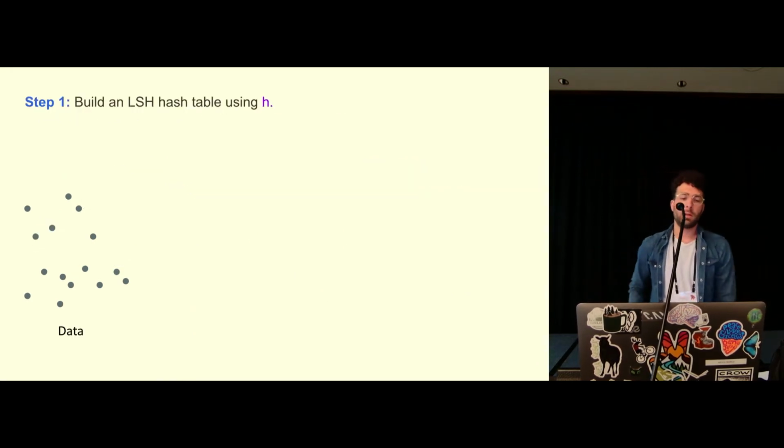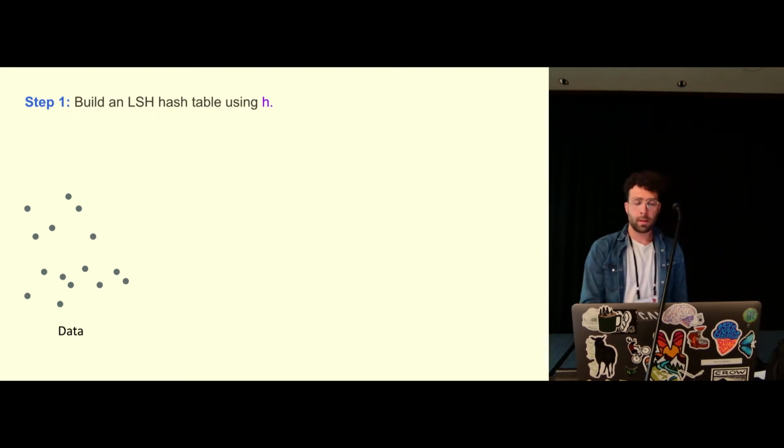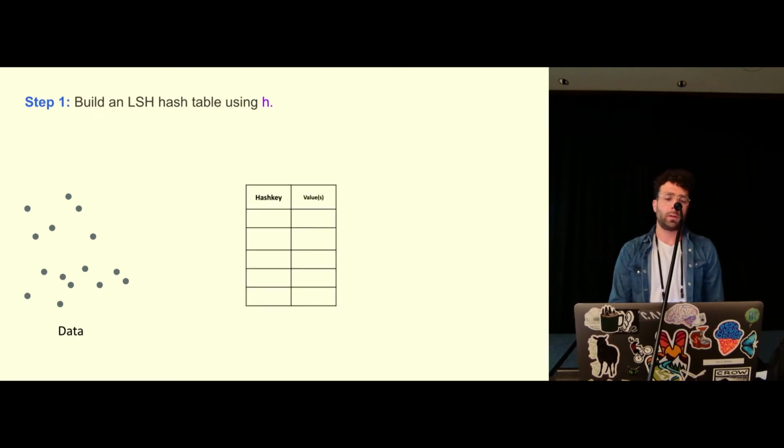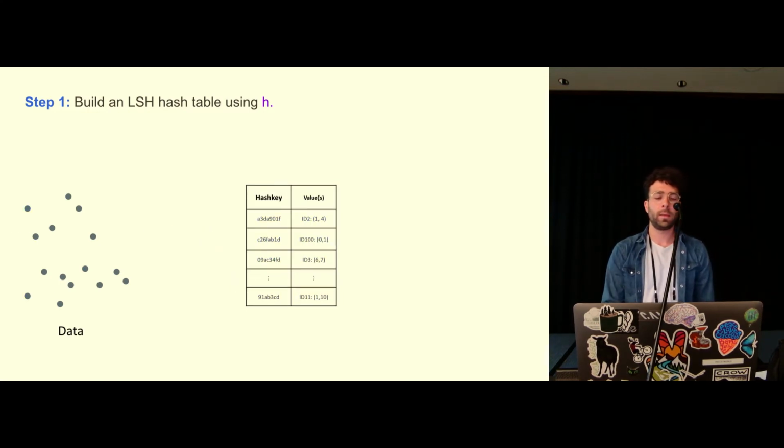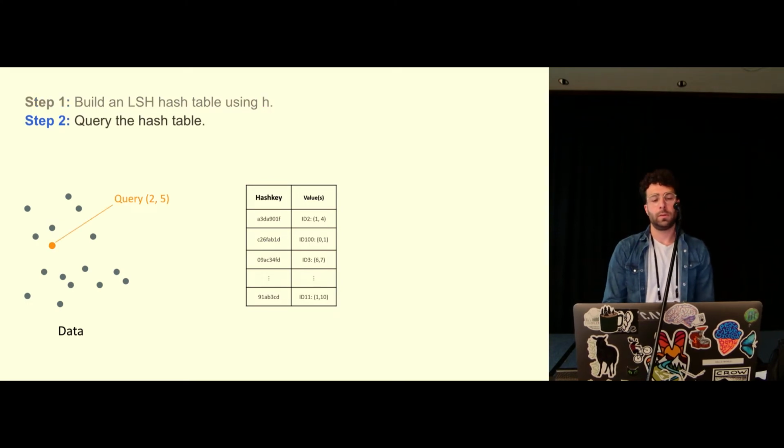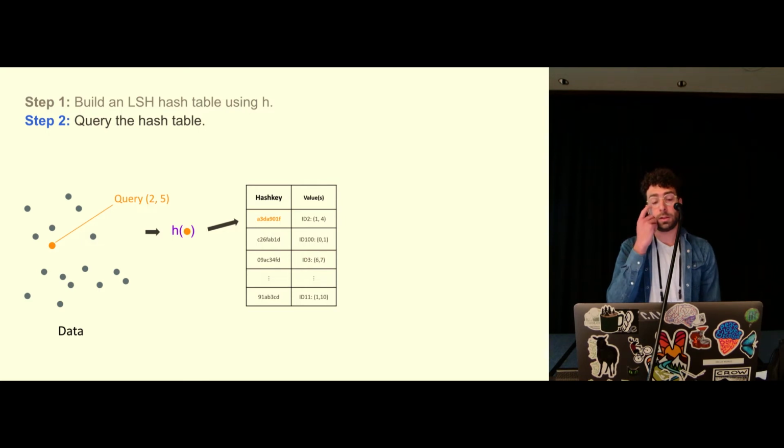So using LSH function H, we can hash all the points in the data set into a hash table. We just go through all the points and hash them into the table. And when a query comes in, we can then hash the query and look it up in this hash table to start constructing a candidate set.